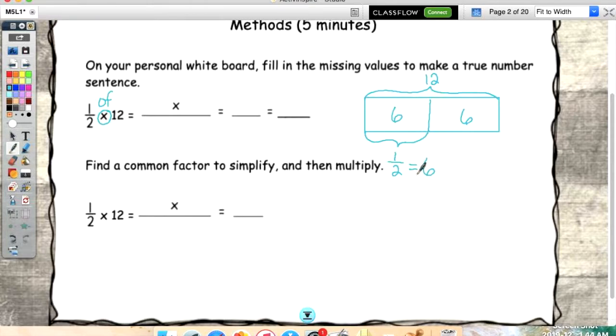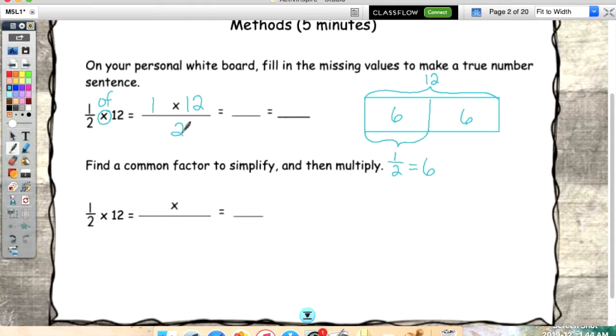That's the first few lessons. Then we move on and just do it with numbers. Okay, you ready for this? So we would do 1 times 12 divided by 2. Now, why am I dividing by 2? Because that's my denominator. By the way, when you take anything times 1/2, you just divide it in half. Okay? You guys remember that?